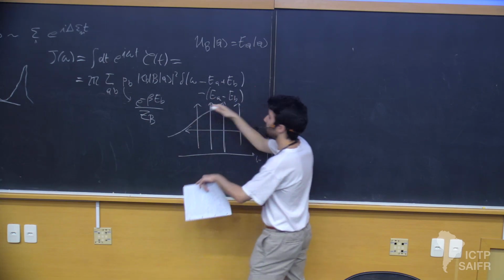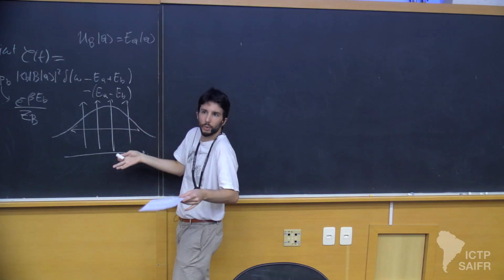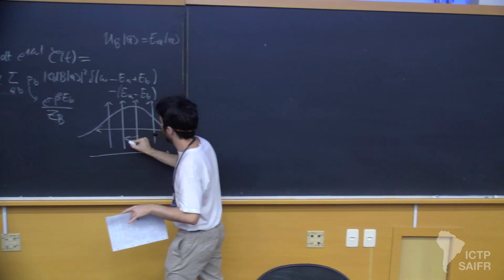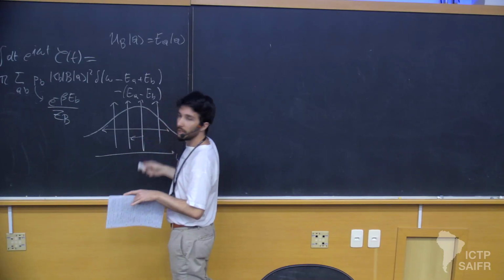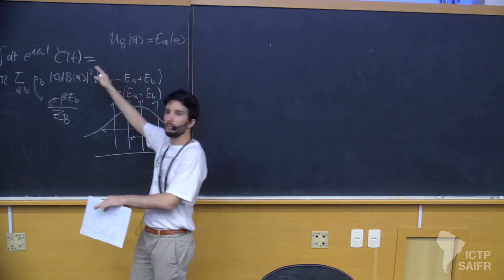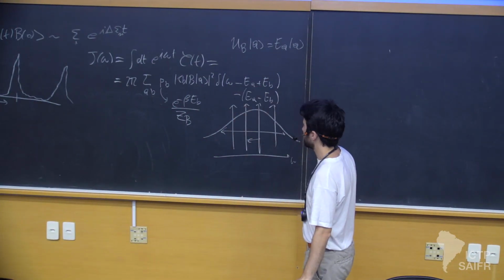So this is, let's say, the spectrum of the system, because it's not a stable eigenstate, so it has a broadening, and the broadening must be much bigger than the minimal difference of the levels. And then it makes sense to approximate, to consider this as a continuous function.